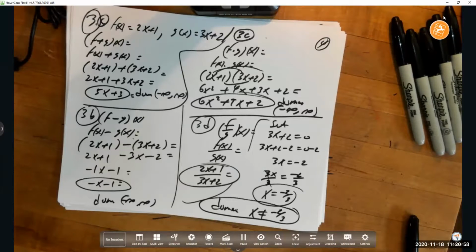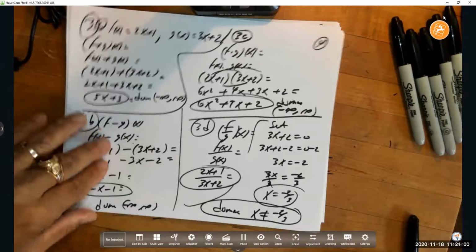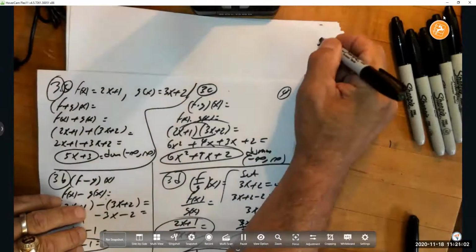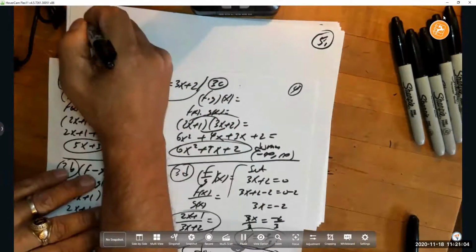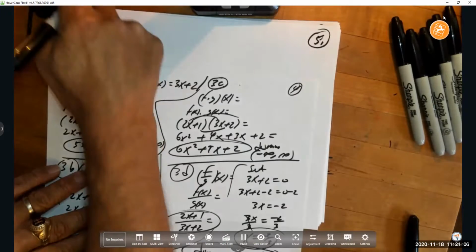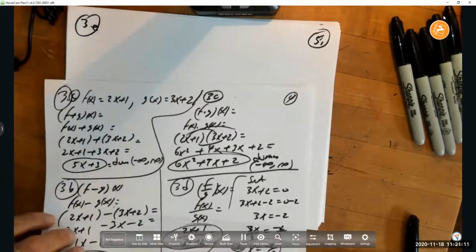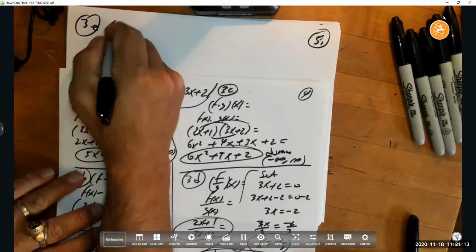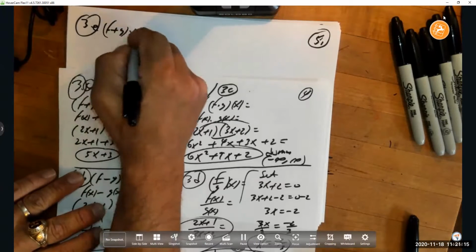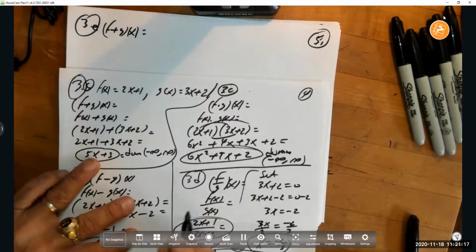Alright, so now the next part. Let's go to 3, A, B, C, D, E. E says f plus g of x equals, what was it equal to? 5x plus 3.